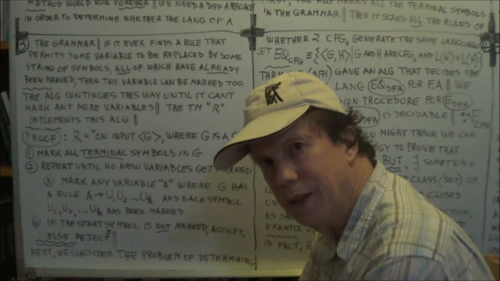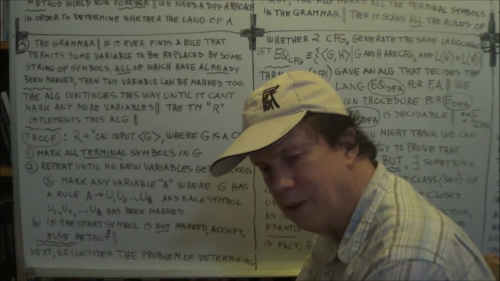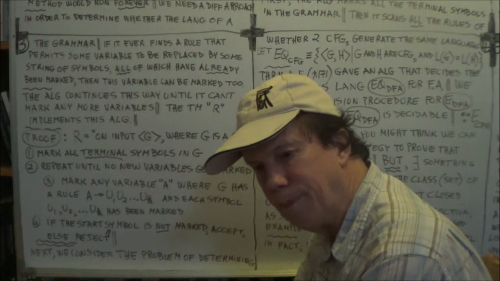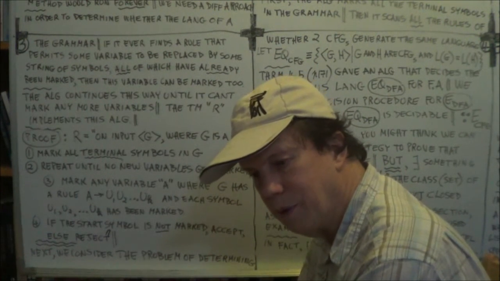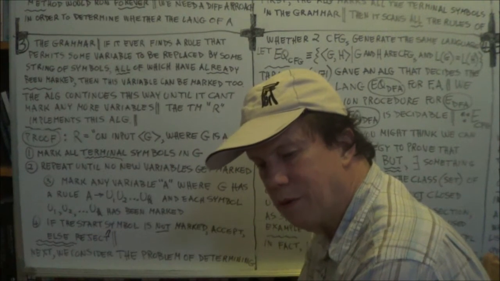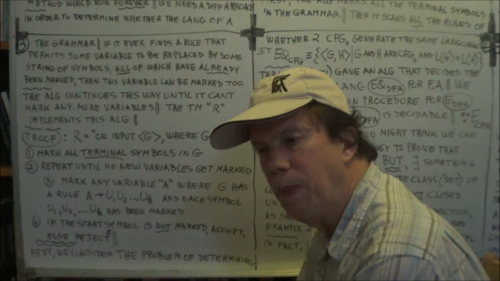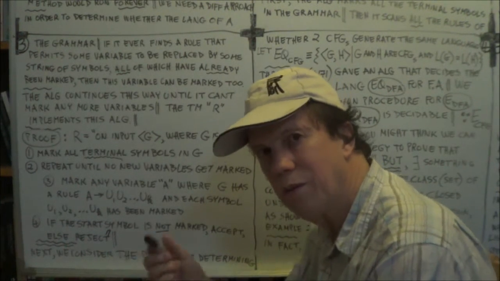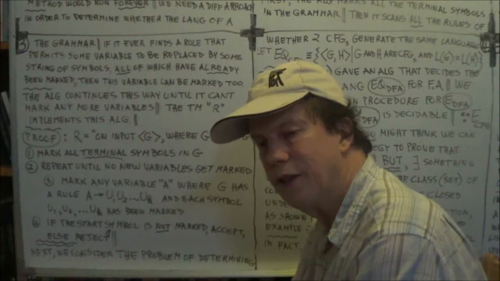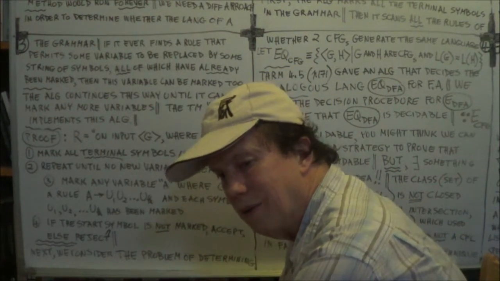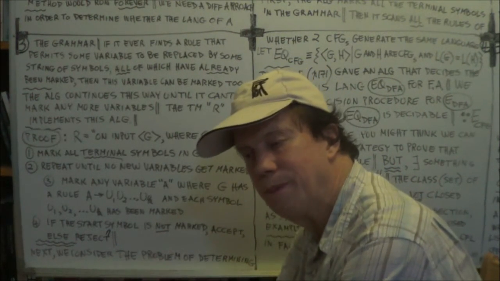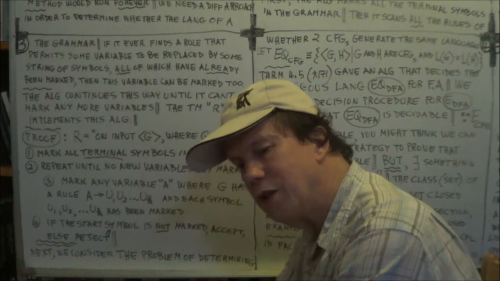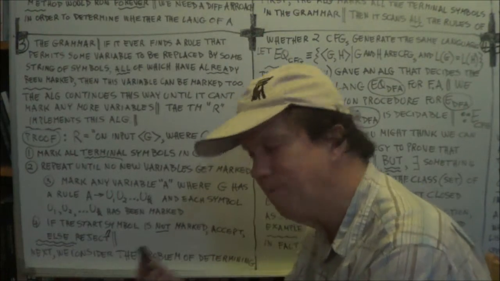Now, if the start symbol, usually big S, is marked, then that means that you can generate strings, and therefore the language that grammar generates, L of G, is not empty, right? Because it's generated strings. And what is L of G? By definition, it's the set of all strings that the grammar generates, right? So if it generates even one string, then L of G is not empty. Okay.